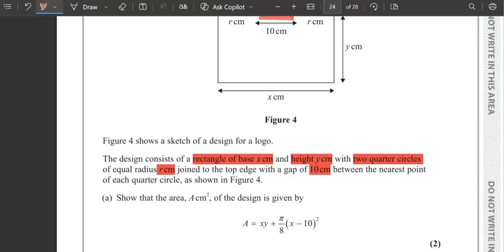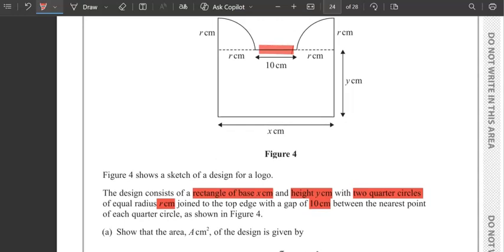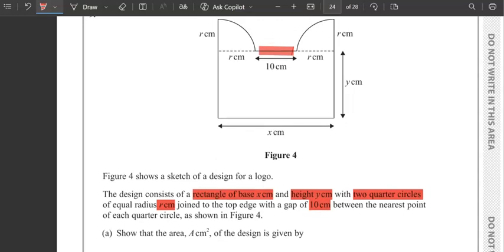Now the first part here, what I want us to do, since we are given the variables x, y and r, is express r in terms of x, because the 2 quarter circles are attached to the opposite sides of the length, which is of dimension x centimeters.